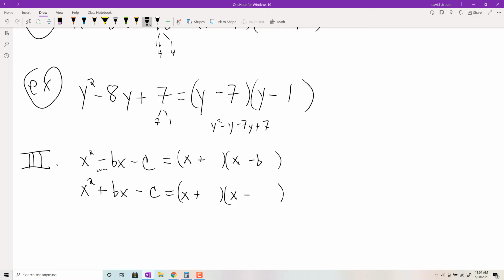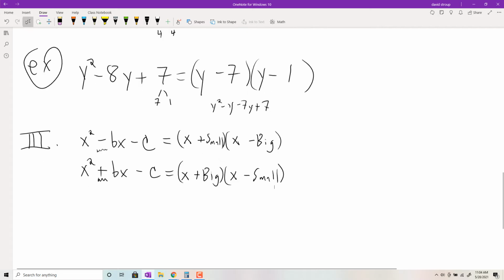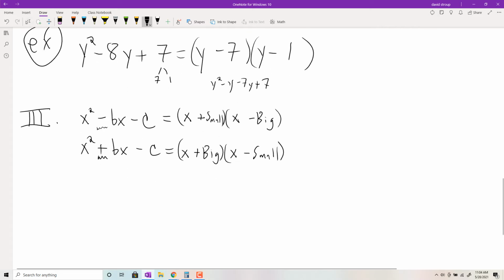So the bigger number would go with the negative, and this would be the smaller. But usually you can finagle that answer just by guessing. In the second case, the bigger number would go with the positive because this term is positive, and then the smaller number would go with the negative. Okay? So let's do a bunch of these.